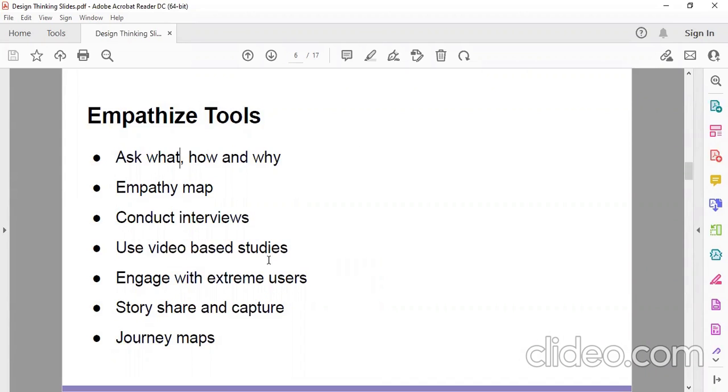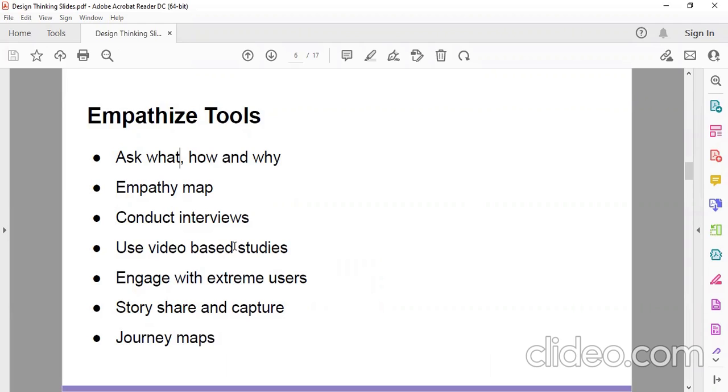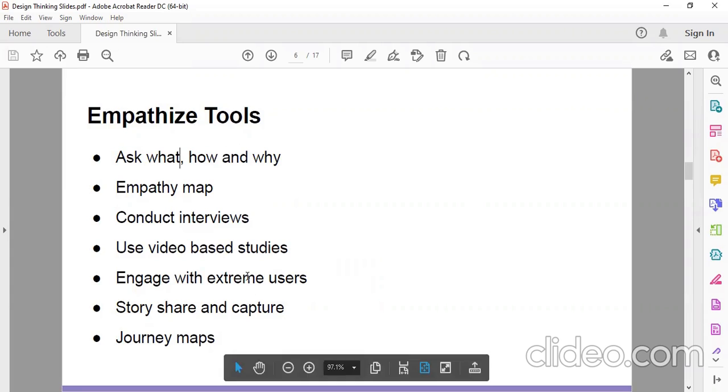It's better to include two or more extreme users in your empathize stage so that you can get a lot of important, rare, and good points from them, right? It is always better to include the extreme users in your empathize stage.